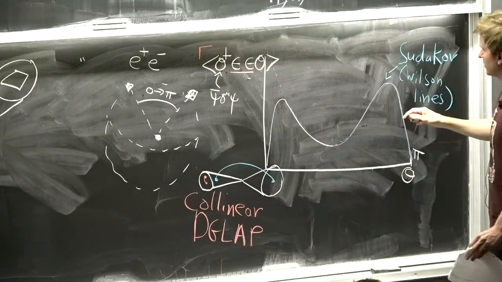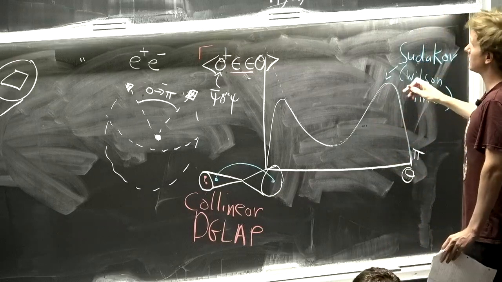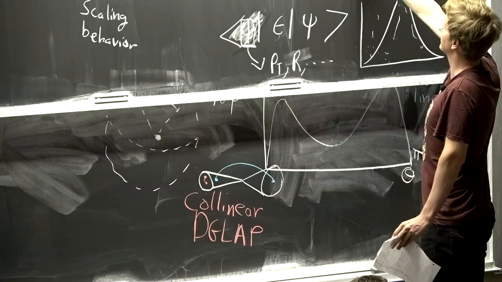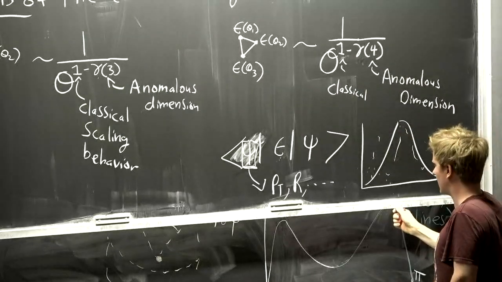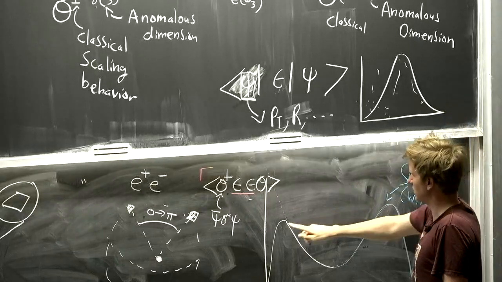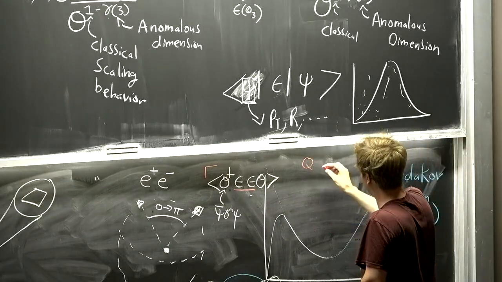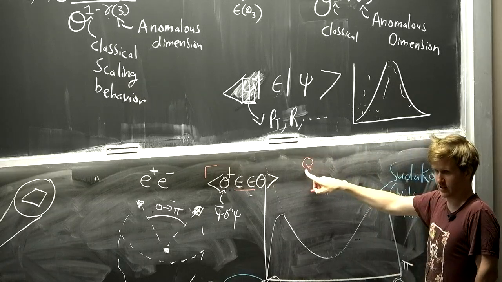But the reason why you should think about this, and we'll go through it again a little later, is that it's related to the question about whether these anomalous dimensions are constant or depend on the particular scale. When you're doing this collision, there's some hard scale at which you did the collision.